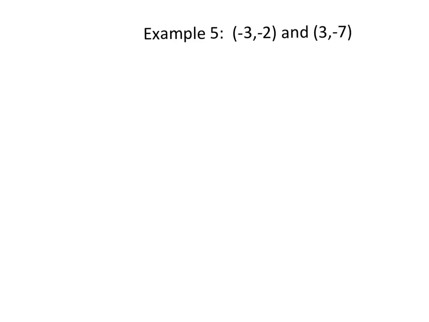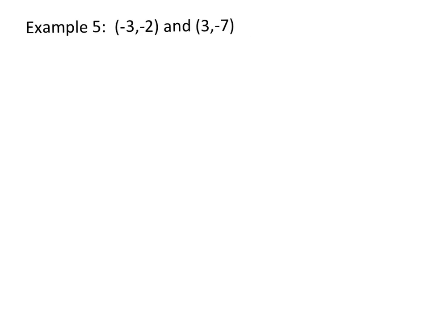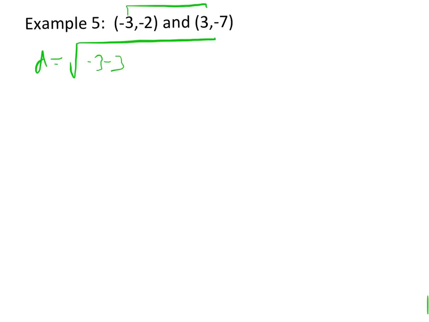Okay, our next one, same thing. Distance is equal to the square root of differences in a's, or x's, and then we're going to square that, plus the difference in our y's, which is -2 minus a -7, quantity squared.